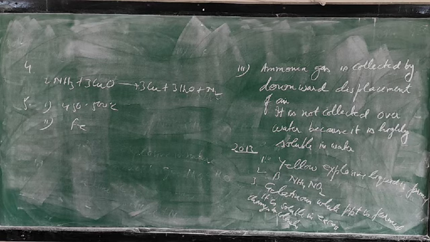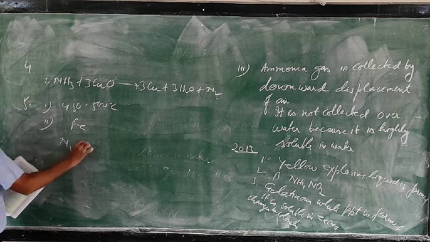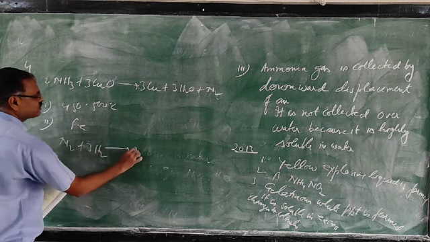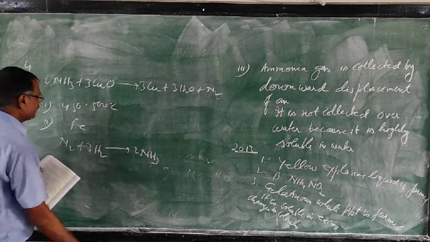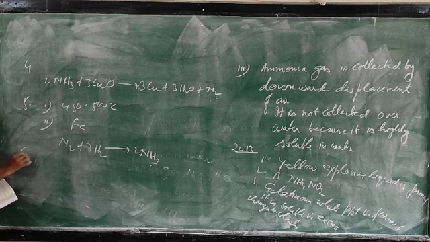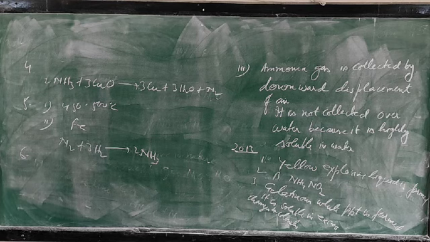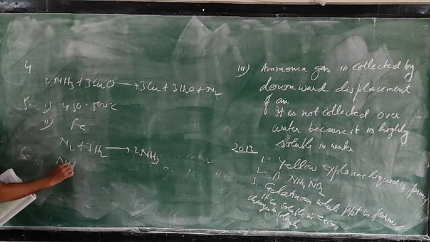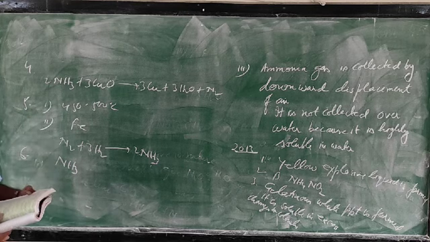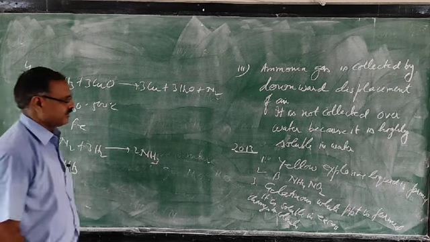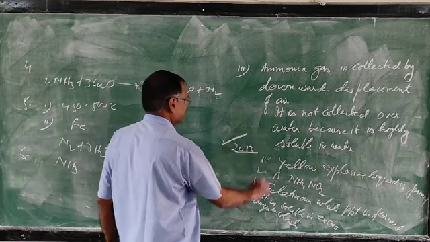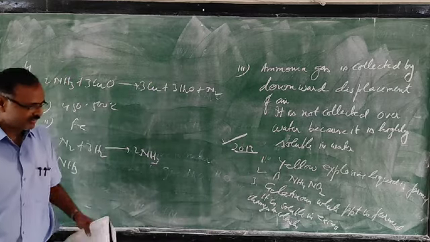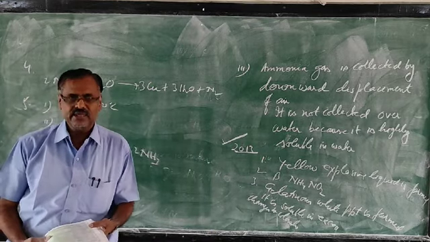Give the equation for the catalyzed reaction: N2 plus 3H2 gives 2NH3. Now the sixth one: identify an alkaline gas which produces dense white fumes when it reacts with HCl. The answer is ammonia. So up to 2013 we have completed. In the next video I will give you the rest of the questions and then the unit test.